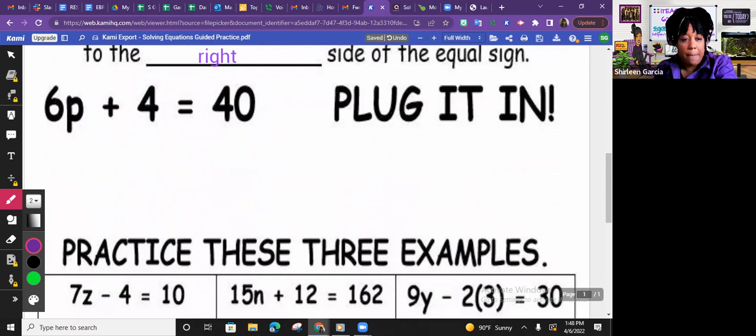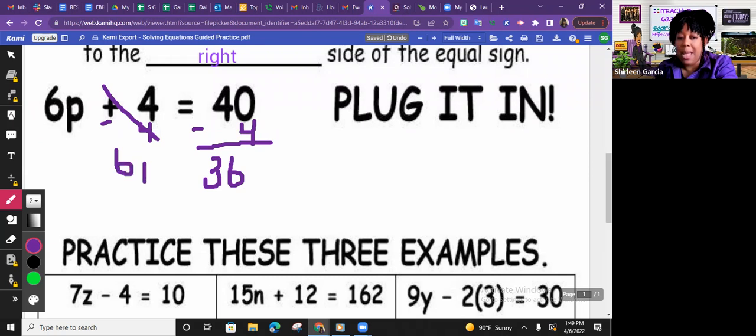All right, so take away 4 on this side. Goodbye, that gets you to 0. Have to take away 4 on this side. 40 take away 4 is 36. This is all gone, only 6p is left. The variable is still not by itself, so we have some more work to do.